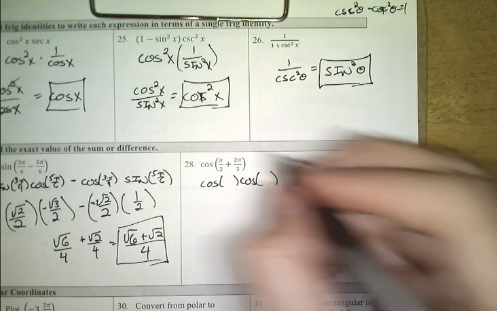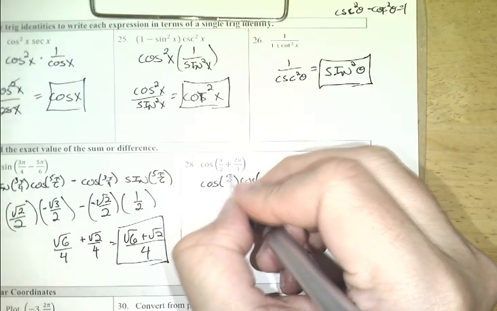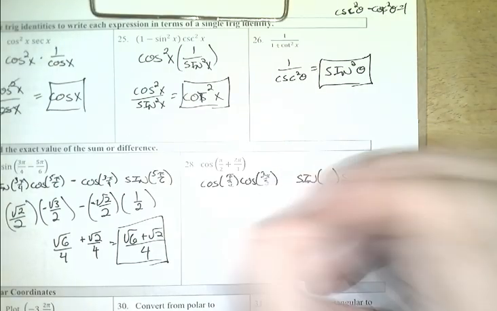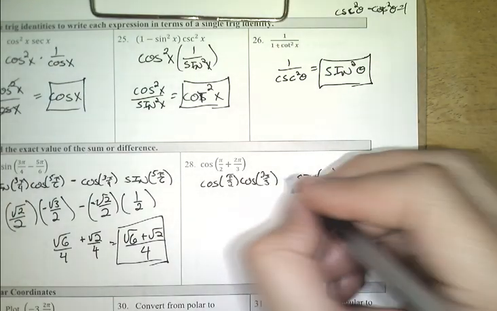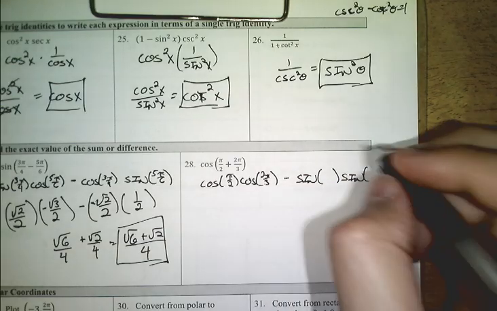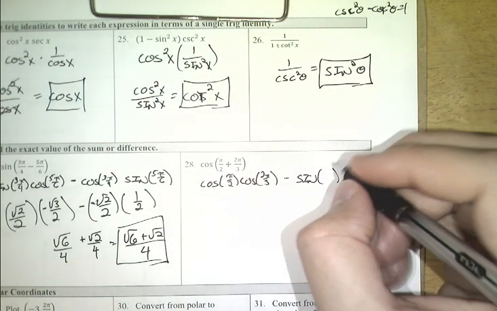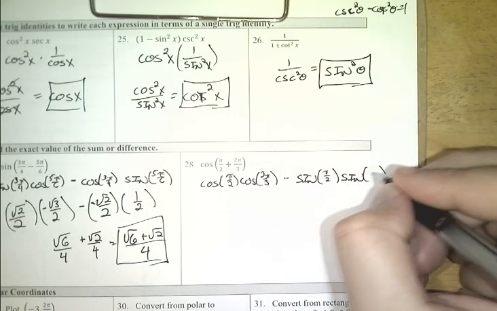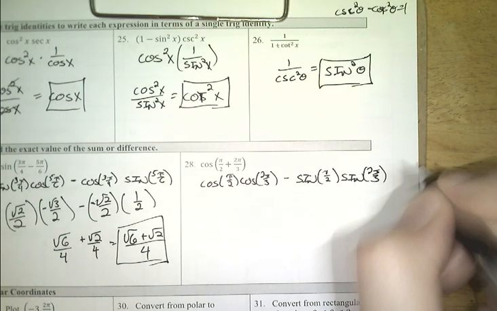Yeah, cos cos, sine sine. And we have pi over 2 plus 2 pi over 3. Not plus; these are different. For cosine of a sum, that'd be a subtraction. I get pi over 2 here and 2 pi over 3 here.